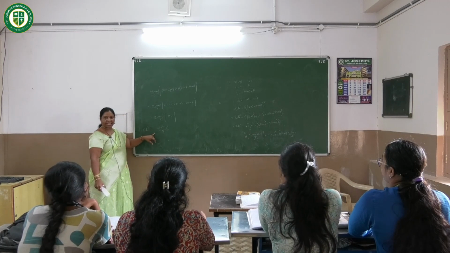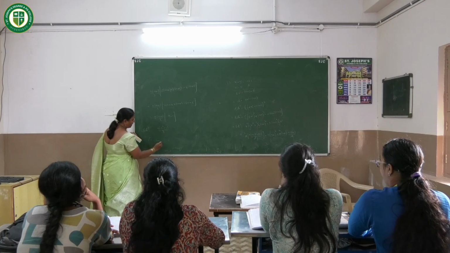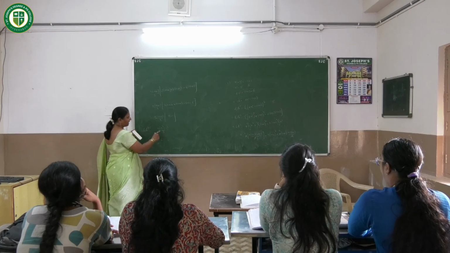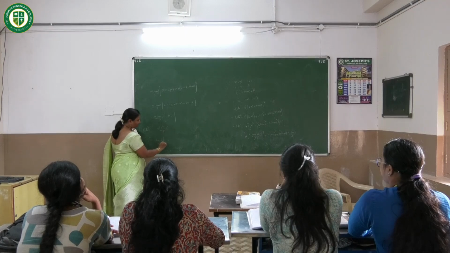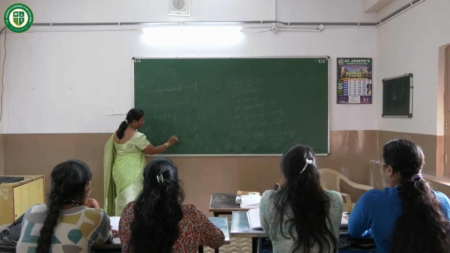Substitute the summation di square value in rho. We know already rho is equal to 1 minus 6 times summation di square by n into n square minus 1. Instead of summation di square, substitute this one: n into n square minus 1 by 3.